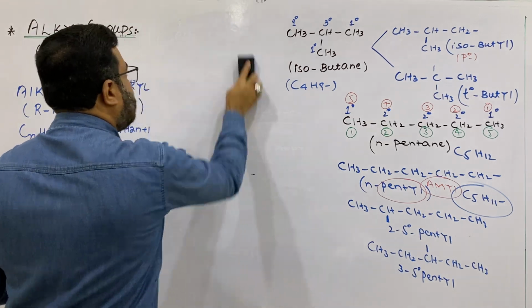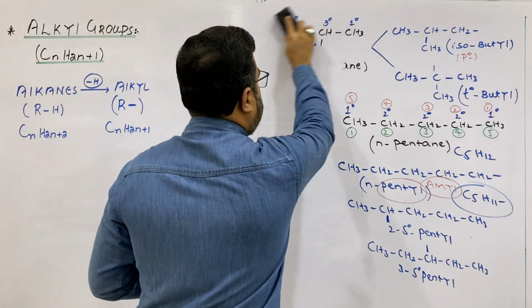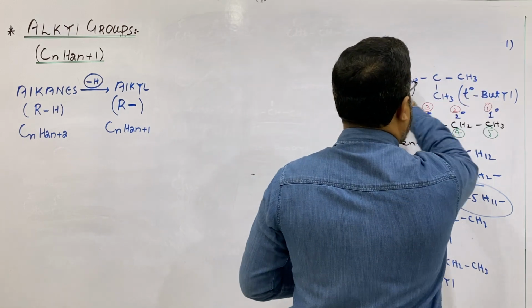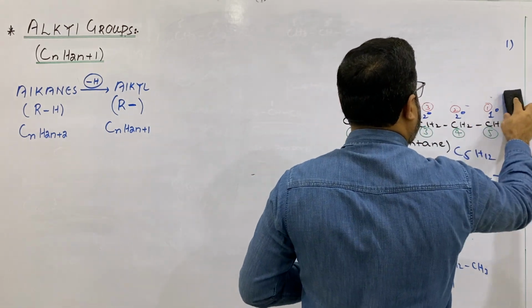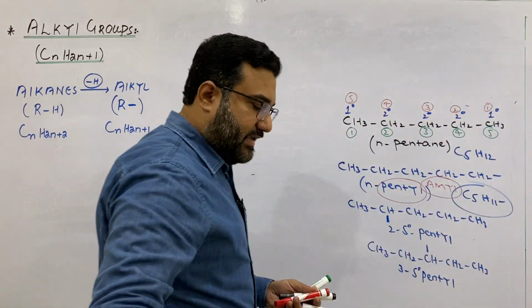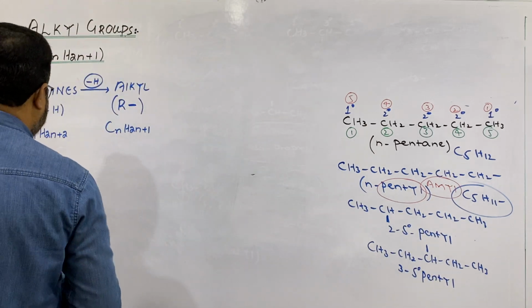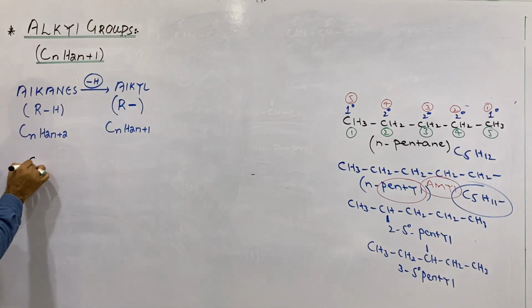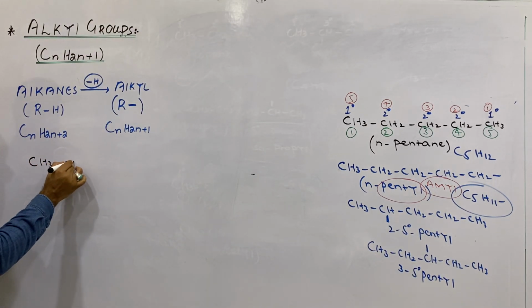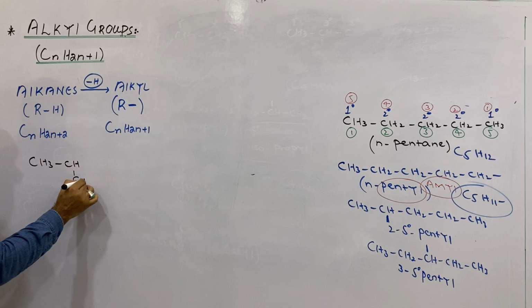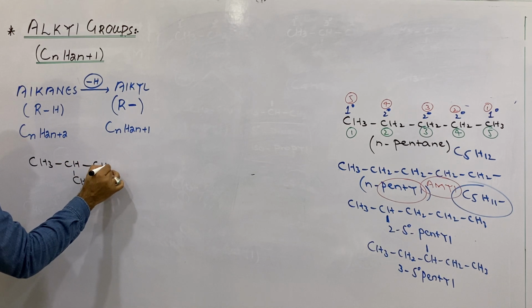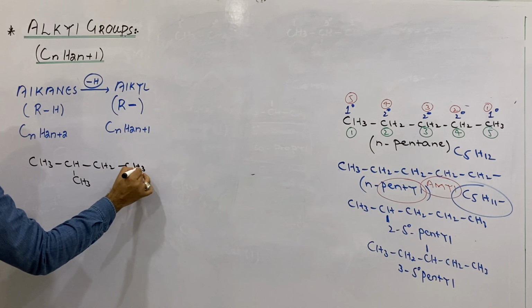The second isomer of pentane is CH3, CH3, CH2 and CH3.